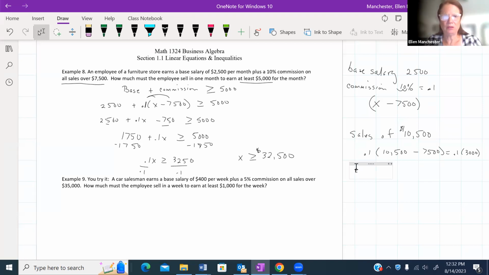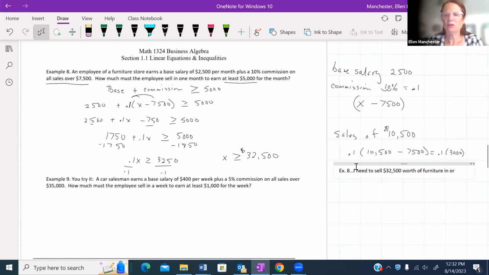Example 8: I need to sell $32,500 worth of furniture in order to earn $5,000 per month. You should be able to interpret your answer every single time. Otherwise, what's the point, right? So what, that you can do math? Can you interpret your answer?